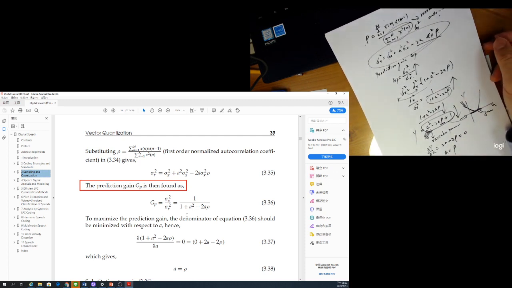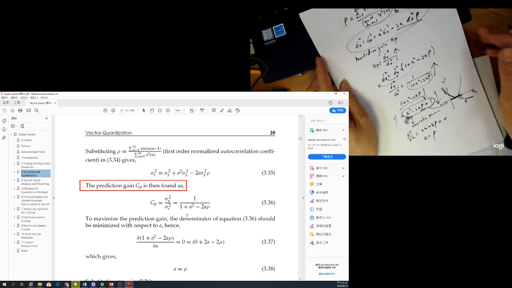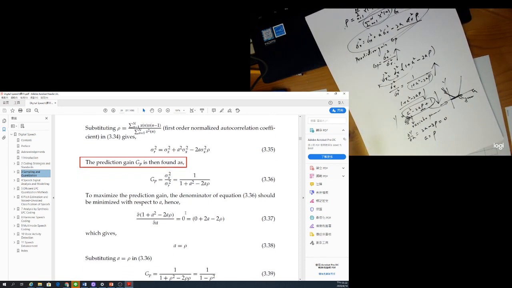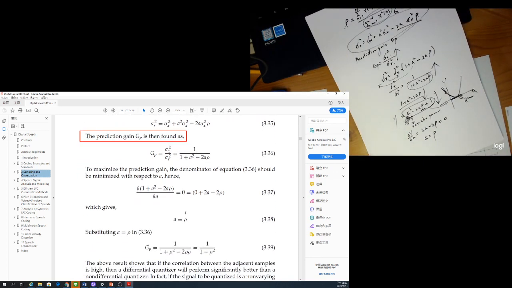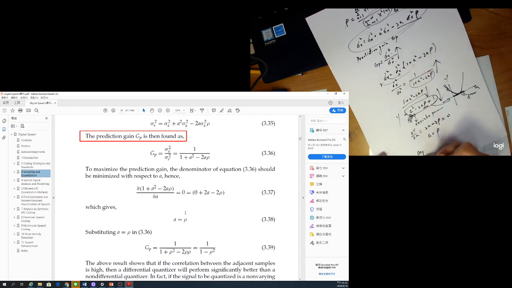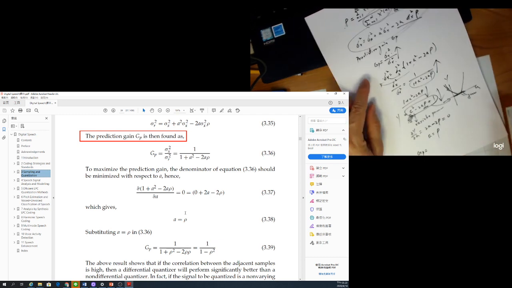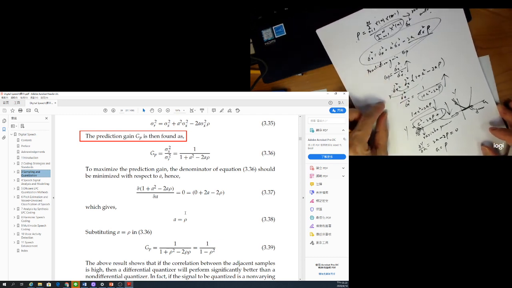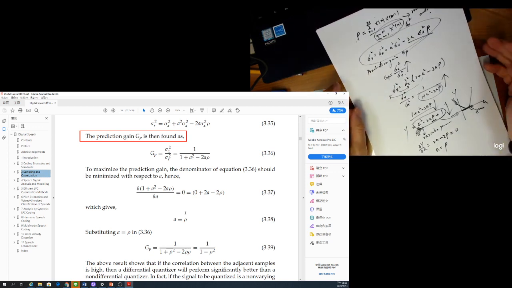So what they want to say is, if you use one previous data to do the prediction, this gives the maximum gain, your GP gain.